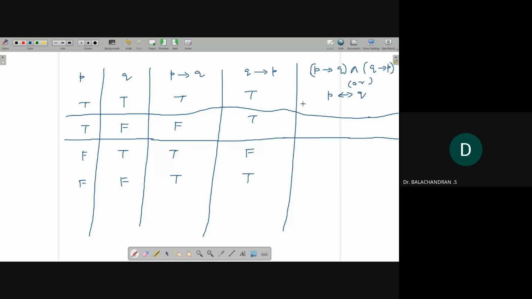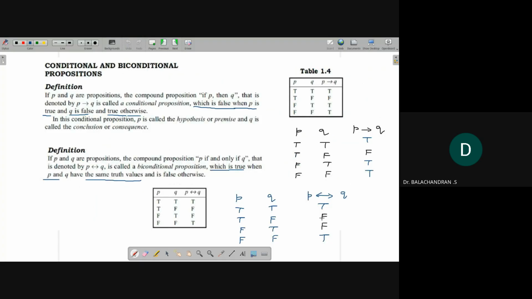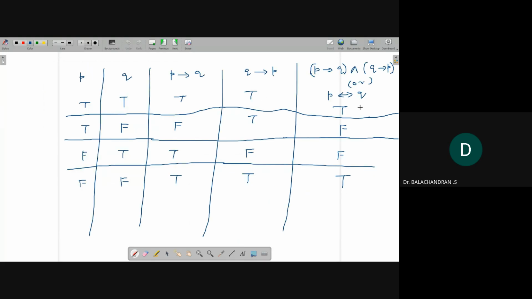Here in this case you have T, here also T, here F, here F, and this is T. So you can see T F F T. In the previous slide also you can see T F F T. So from this we know that P biconditional Q is the same as P implies Q and Q implies P.